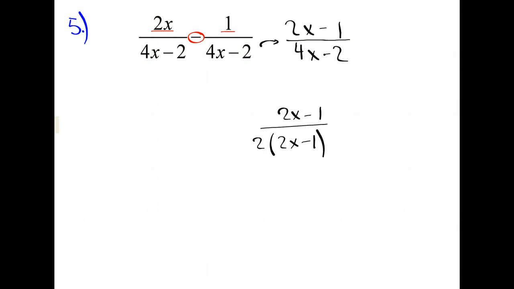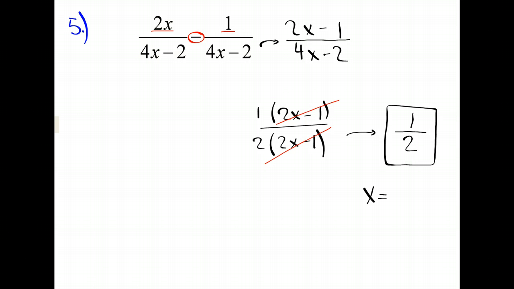And so you'll see that the denominator has a common factor of 2x minus 1 in the numerator. So what I really have left when I'm all said and done here is 1 over 2. So that whole expression is the same as 1/2 so long as x is not equal to positive 1/2 in the denominator.